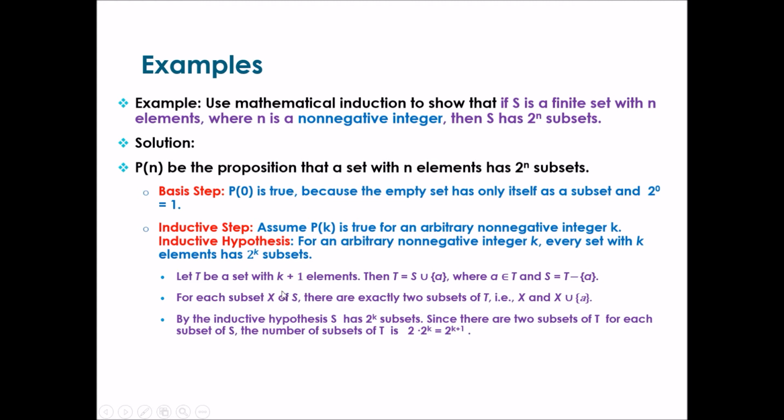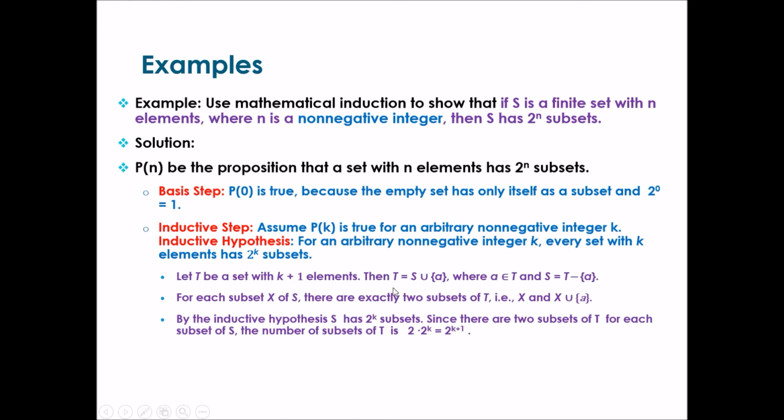So let T be a set with k plus 1 elements, and T is equal to S union A, where A belongs to T and S is equal to T minus A, right?